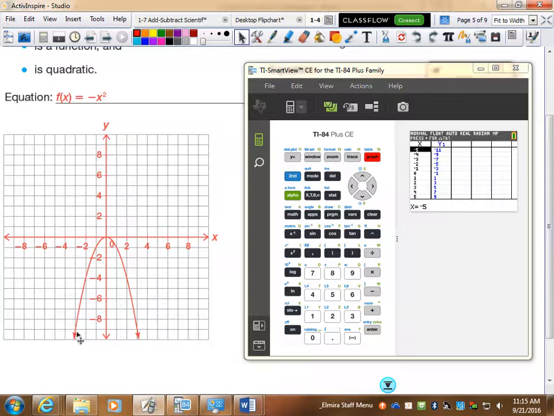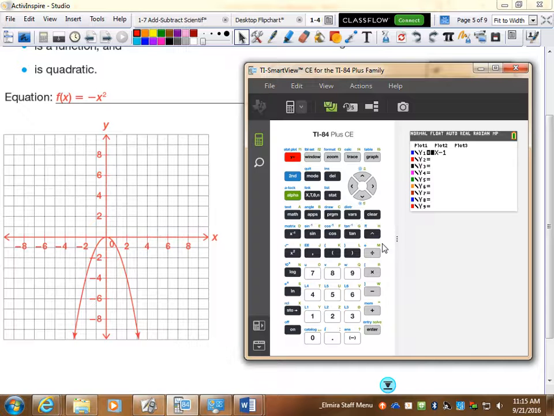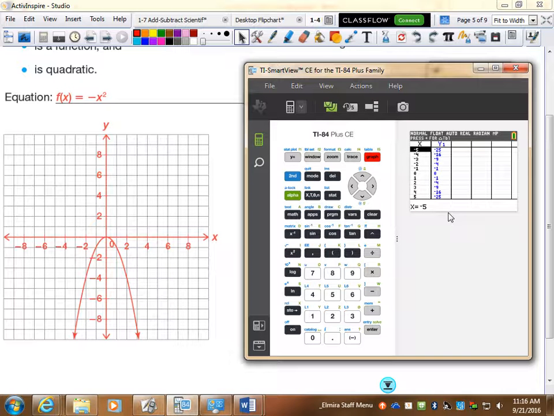So I just show the graph already done, but if we go into y equals, clear it out, type negative x squared, then go to your table, and it gives you values to plot. Obviously negative 5, negative 25 doesn't fit. Neither does negative 4, negative 16, unless you renumber your axes differently to make these fit.